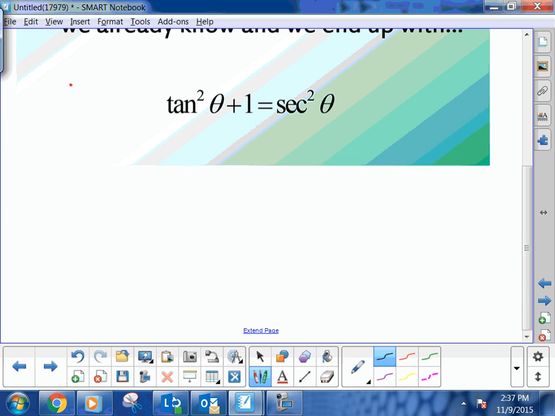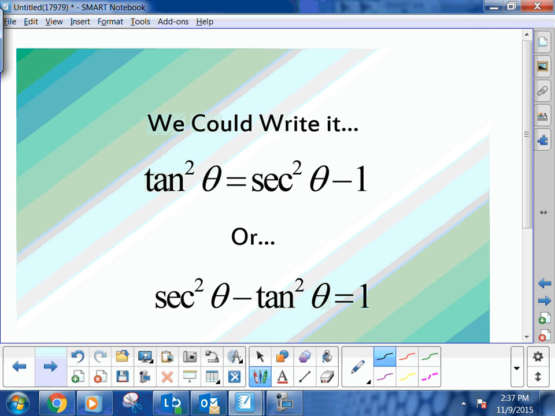I'll do a simple manipulation, like if I want to isolate the tangent squared, I would subtract 1, subtract 1. This is a new trig identity right here, so here's my 5th one. But just to save some time, since you understand what I'm doing, go ahead and write these 2 down. Through manipulation and isolation, we're able to generate these new two from the one we just came up with.